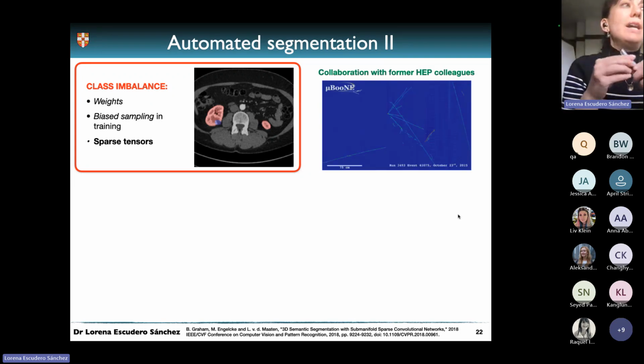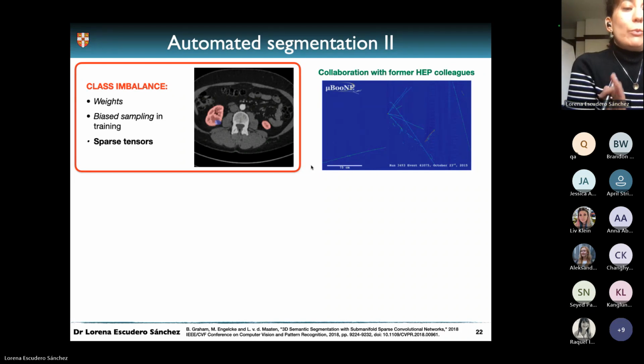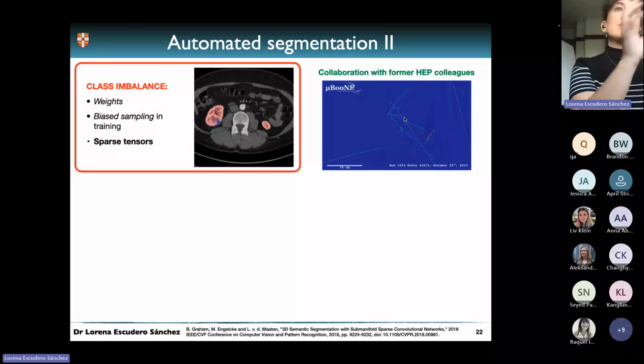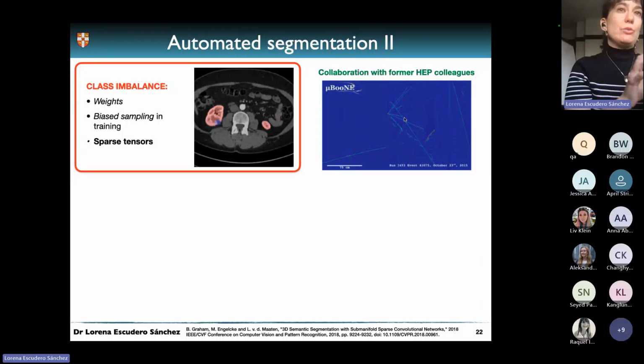And one thing I started a couple of years ago was a collaboration with my former colleagues in HEP, in particle physics, because I noticed that they were using a different type of networks to deal with images in which, like this, you have a lot of space in this detector that is empty, there's no activity, and then you have a small fraction of the detector where all the activity is concentrated.